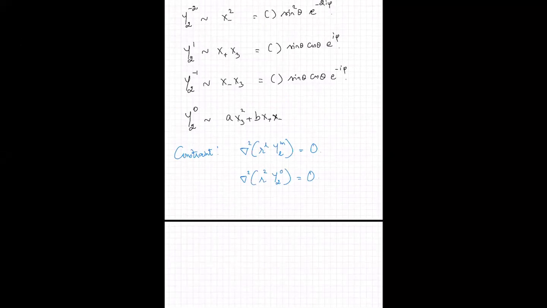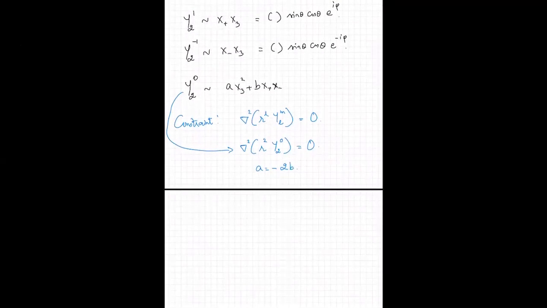So substitute this over here, and you will be able to find that A should be equal to minus 2B. Okay, this is your homework.